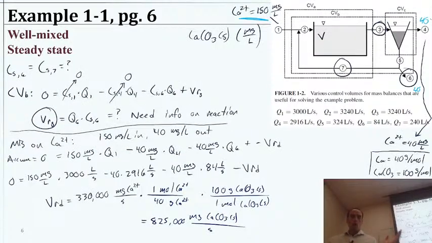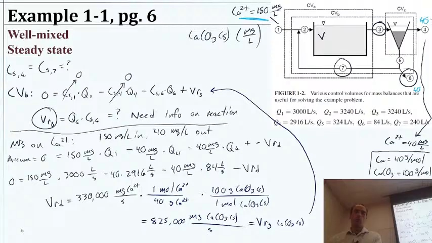So all that together should then give us a value for the VRG for calcium carbonate. From there, we can take this, probably need to double check that our units are good, and plop it in there. Does that make sense? So we found that by finding the decay rate of the calcium itself.